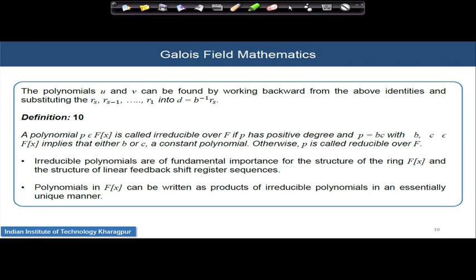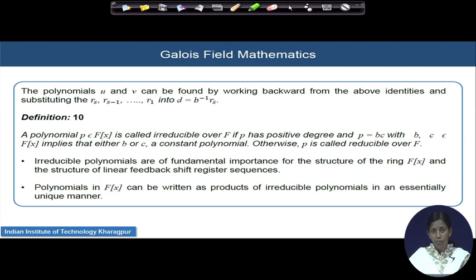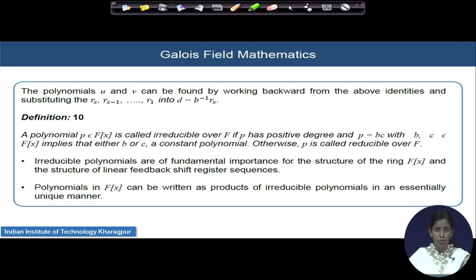They are also of fundamental importance in the ring, and they are a fundamental concept when we go ahead with the discussion of correlation analysis of the period, maximal length sequence generation, even PN sequence generation, long nonlinear sequence generation. We will see the importance of this expression in the generation of linear feedback shift register and also the long nonlinear sequence generation later on.